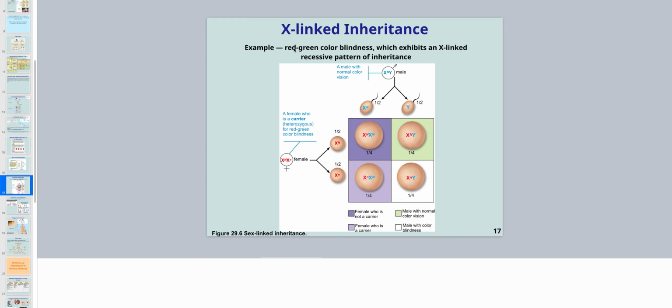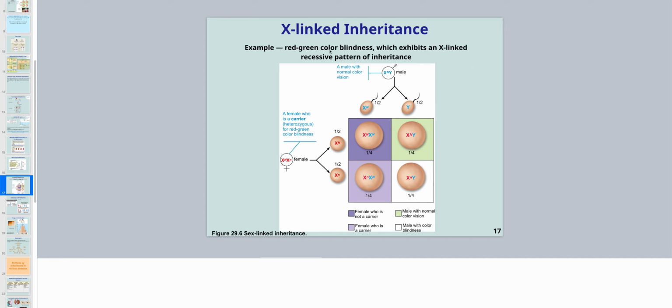An example of X-linked inheritance is a form of red-green color blindness, in which the individual has a hard time differentiating red from green. Interestingly, this type of color blindness is a lot more prevalent in males, and there's a good reason why.